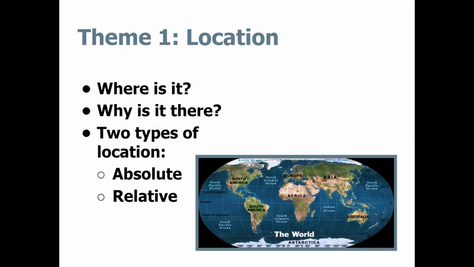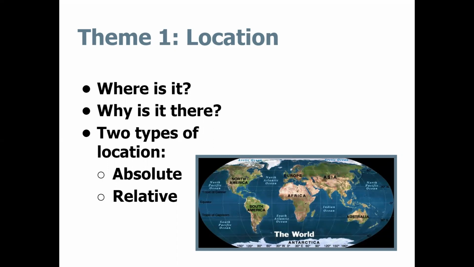Emery? What do we think? Do we think it's exact, or is it kind of an idea of where something is? Exact. That is right. So when we have absolute location, we are giving the exact location.